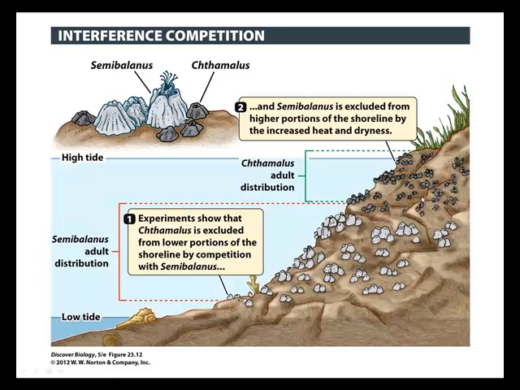So how do the smaller ones survive is the question. Well, using natural selection, they have an adaptation where the door on their shells closes a little bit tighter, which means that they can stay wet longer. This is the tide line, right? The tide comes in and the tide goes out. So obviously these guys are out of the tide longer than these.